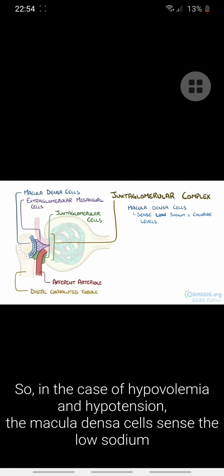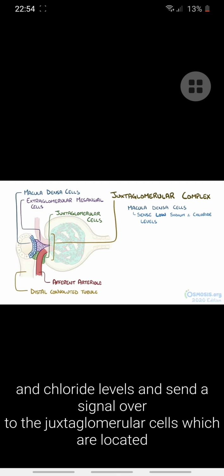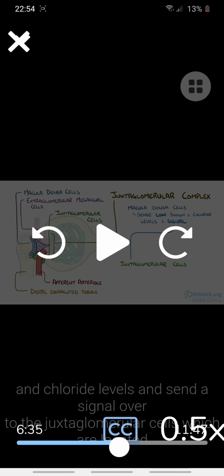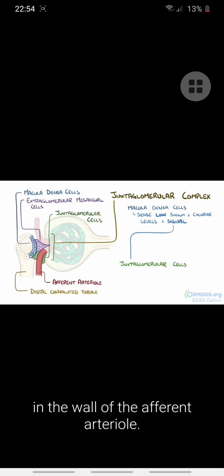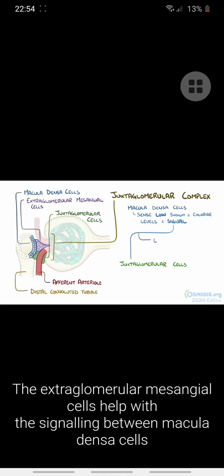So in the case of hypovolemia and hypotension, the macula densa cells sense the low sodium and chloride levels and send a signal over to the juxtaglomerular cells, which are located in the wall of the afferent arteriole.